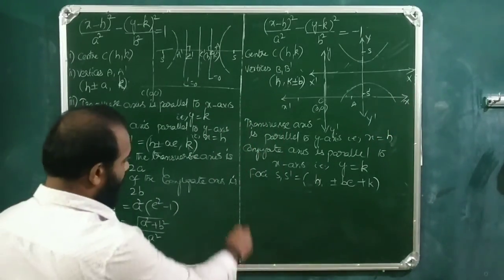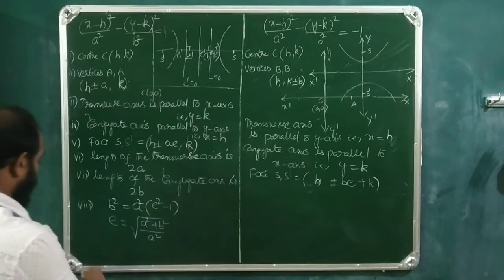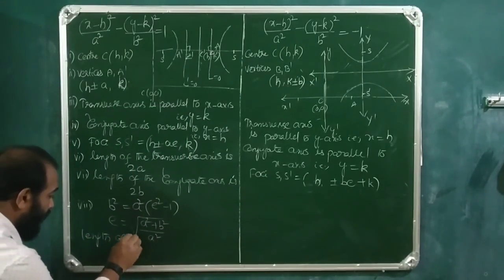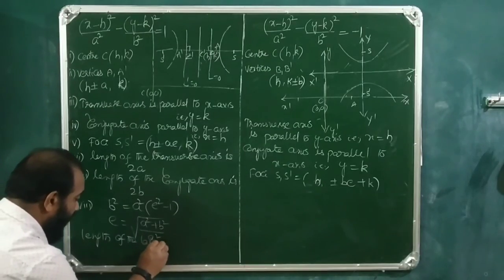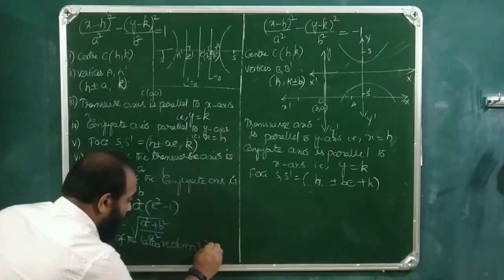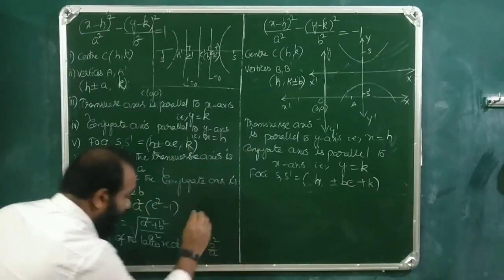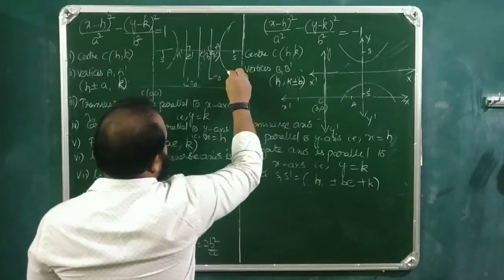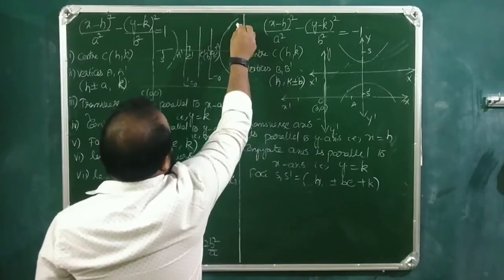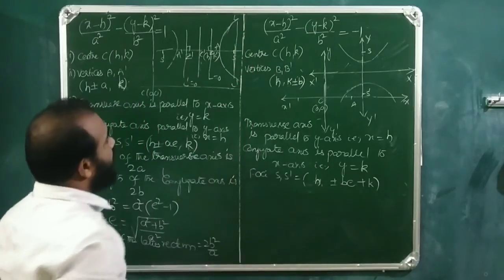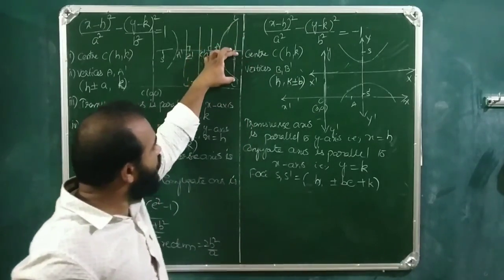And so here the length of the latus rectum is equal to 2b square by a. So this length L dash, this is b square by a, this is b square by a.